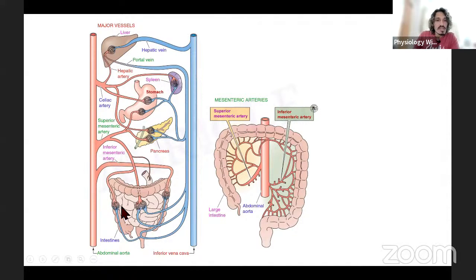Ultimately, whatever is coming from the inferior or superior mesenteric artery will all come up and go through the portal vein. Okay, so there is a portal vein. Apart from the hepatic artery which is going here, through a separate portal vein they will go, and then eventually they will form the hepatic vein and be taken to the inferior vena cava.